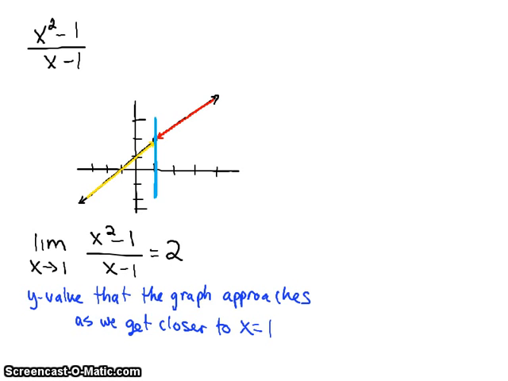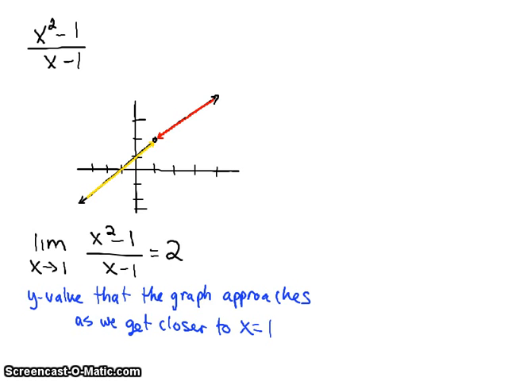We don't know what's going on behind that line. If you had to guess what was going on behind that line, you would say, well, it's going to be y equals 2. If we were to get rid of the line, we would see that there's a hole there, but it doesn't matter because we thought it would be 2. That's what the y value is approaching. That's what the limit is going to be.